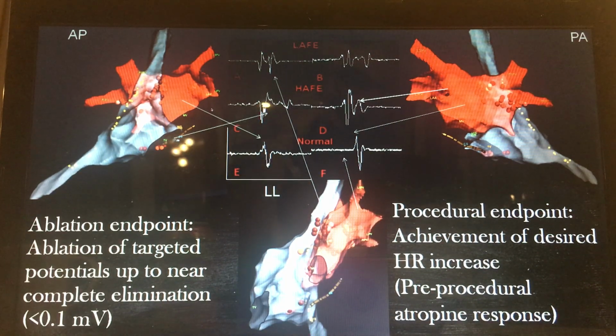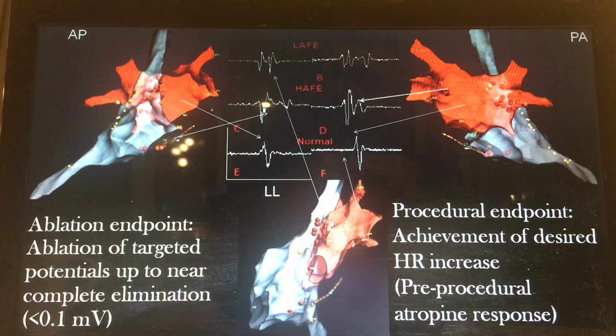For example, 24 hours before the procedure, we first check the rest ECG of the patient. For example, heart rate is 60 BPM at rest, and then we administer 1 milligram of atropine and check the increase in heart rate, and then we again give 1 milligram of atropine and check the increase in heart rate.